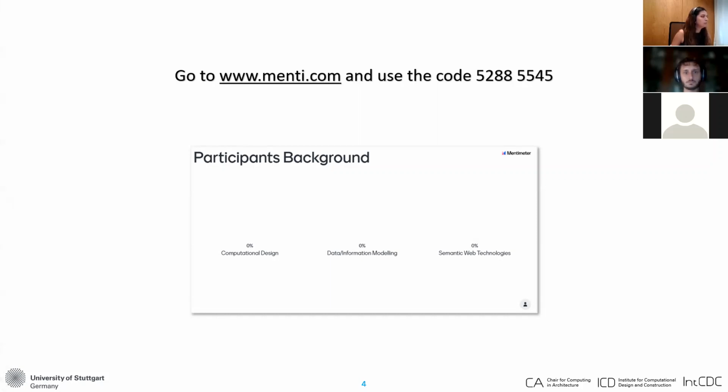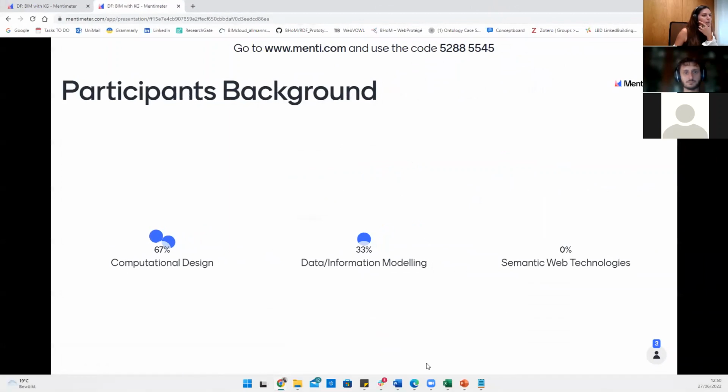Okay, perfect. I'm seeing some votes. The majority is computational design. So more computational designers. We have 8 people who voted, but we are more than this. 11. Perfect. Great. One is good in data modeling.